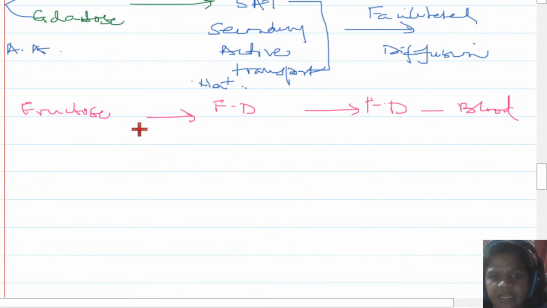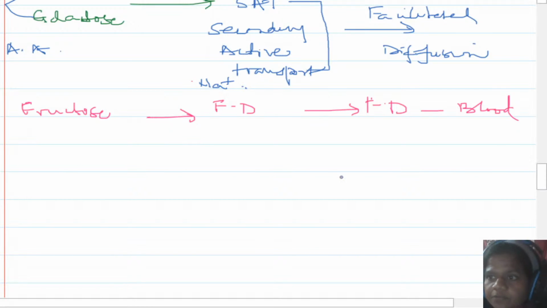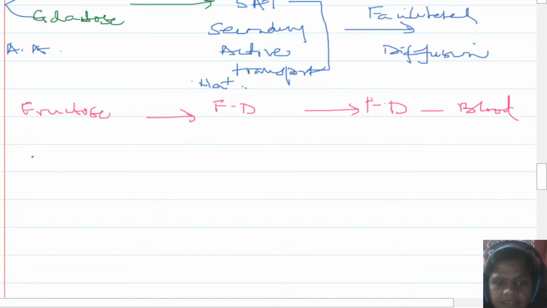Now coming to the fatty acids, the small chain fatty acids.